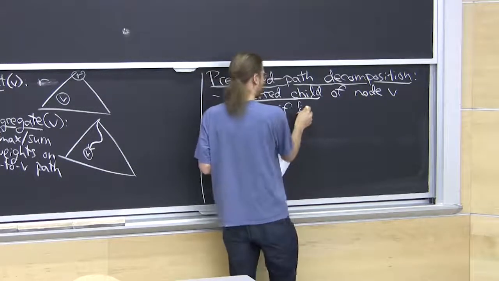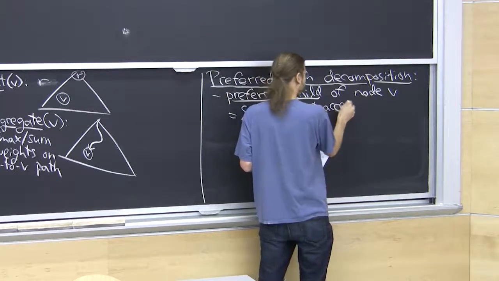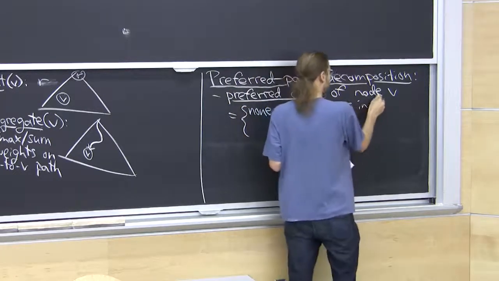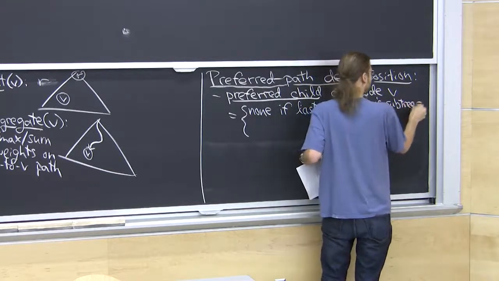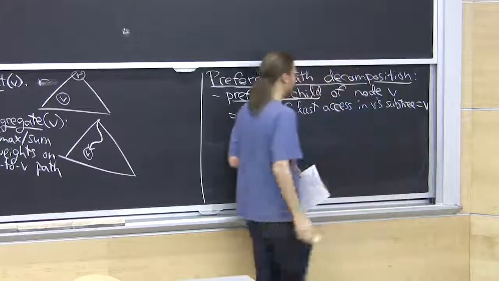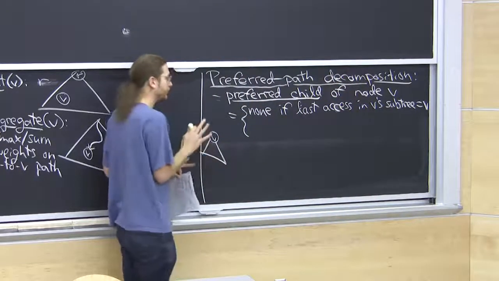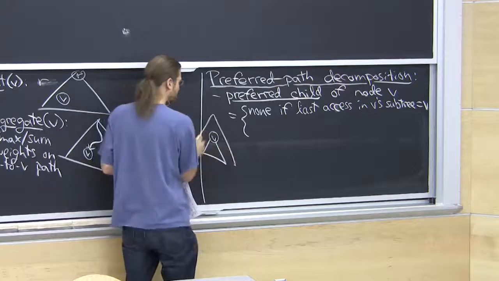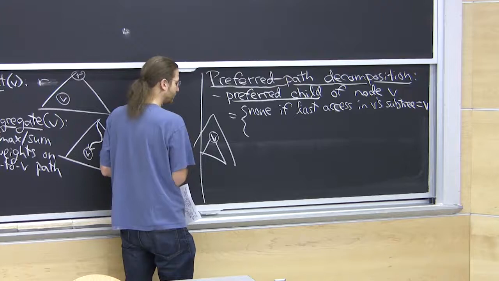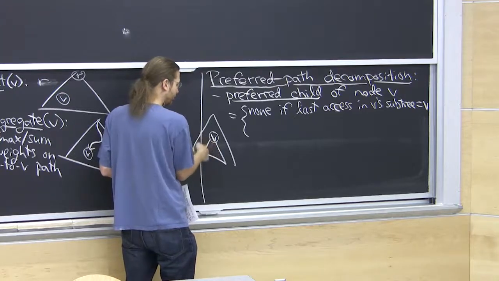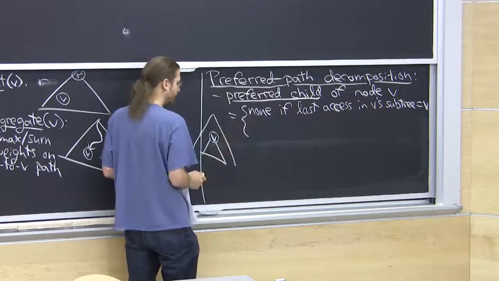There isn't a preferred child if the last access in V's subtree is V. So we have some node V. Now this is relative to the represented tree. We don't care about accesses outside of that subtree, but if the last access within the subtree was V itself, then there's no preferred child.